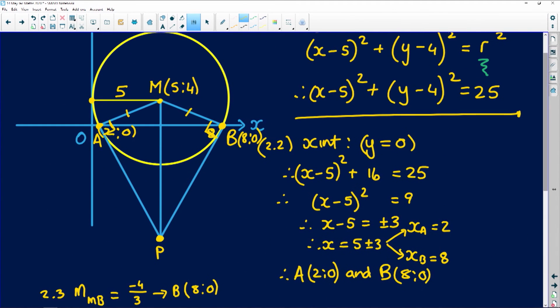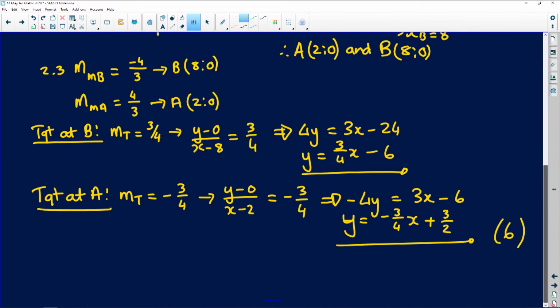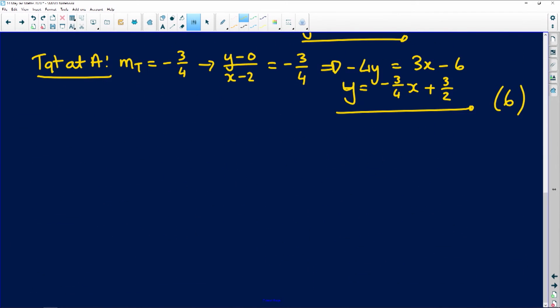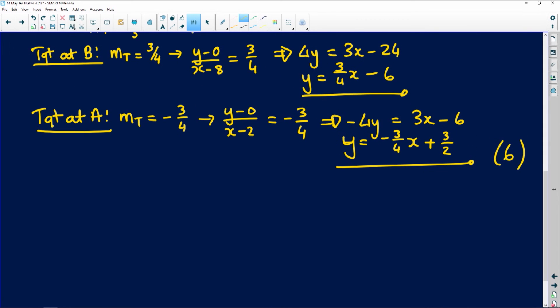Oh, I expected this. For 5 marks, the coordinates of P. Now, P is the point where the first tangent and the second tangent cross one another. Okay, so we know what to do. We have to use our 2 tangents because they intersect at point P. We're going to make them equal to each other because they intersect in that one point.